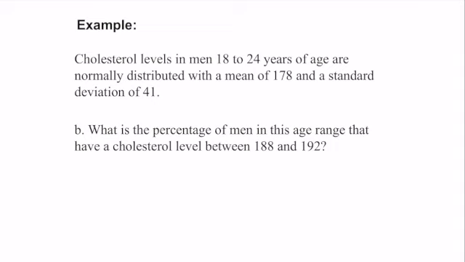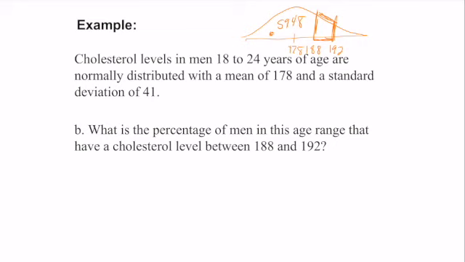All right, next question is, what percentage of men in this age range have a cholesterol level between 188 and 192? So I have a value of 188 and I have a value of 192. So I'm trying to find the value in this little area right here. Well, I already know that to the left of 188 is an area of 0.5948.